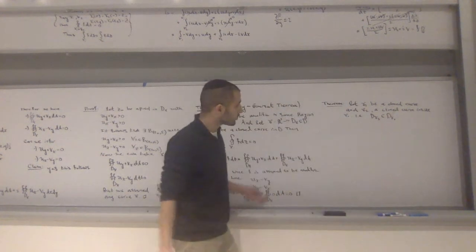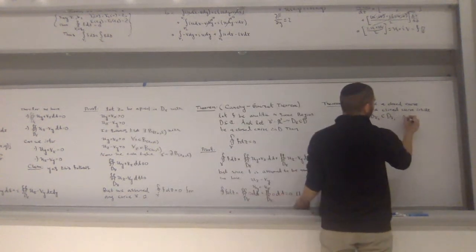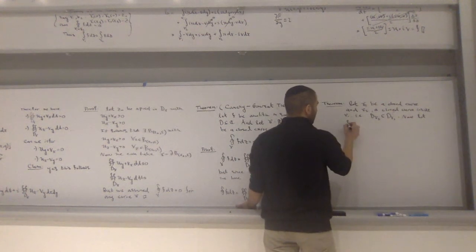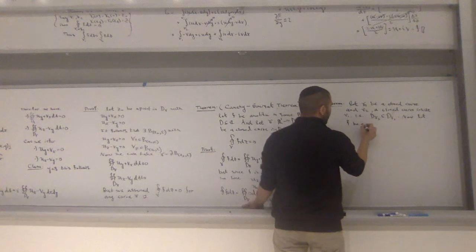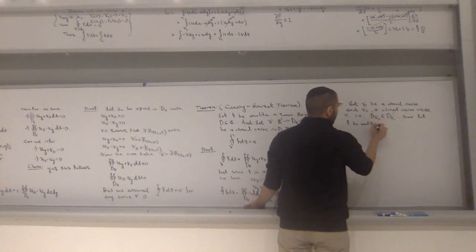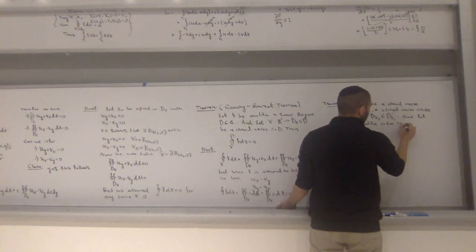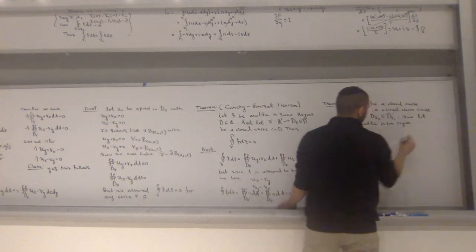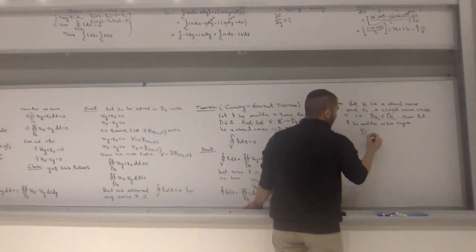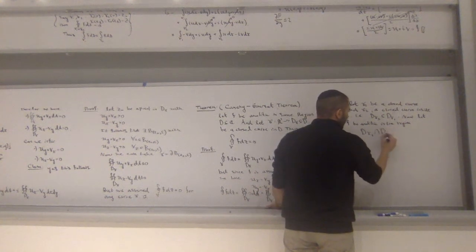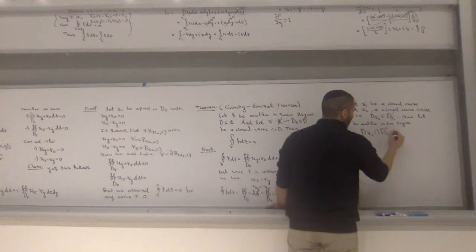Right? Now, let f be analytic in the region D gamma 1 intersection D gamma 2 complement.